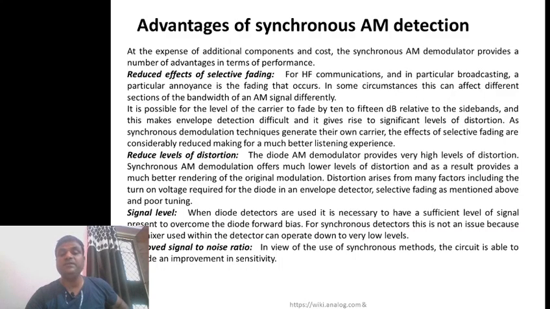Similarly, the distortion level matters because there is a threshold level on the basis of which we are able to recover a message signal. If this level is reduced, we are not able to recover our signal from the noise. That's why the last point is improved signal to noise ratio. The signal to noise ratio is nothing but signal power to noise power, so if the signal to noise ratio increases, it automatically means the signal power increases.